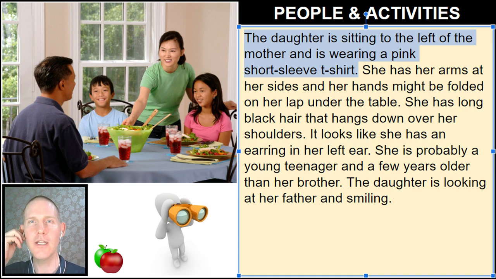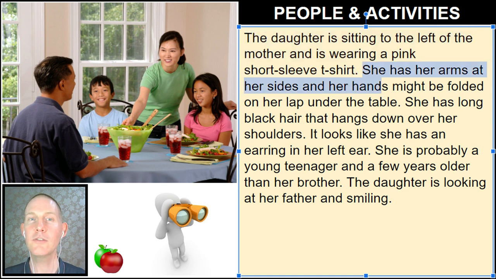The daughter is sitting to the left of the mother and is wearing a pink short-sleeved t-shirt. She has her arms at her sides, and her hands might be folded on her lap under the table. She has long black hair that hangs down over her shoulders.